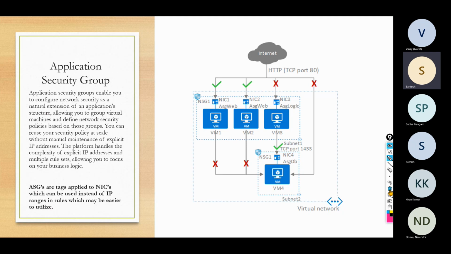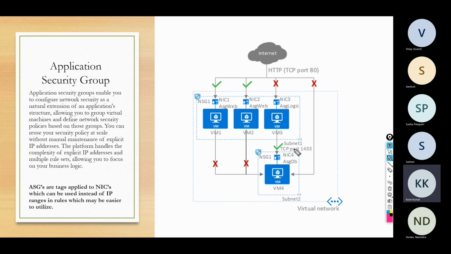There is one virtual network. There are two subnets and one NSG group. On this, subnet 1 and subnet 2 are allowed TCP port 80.